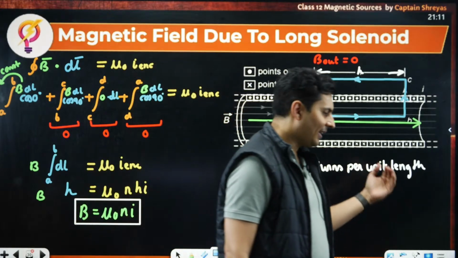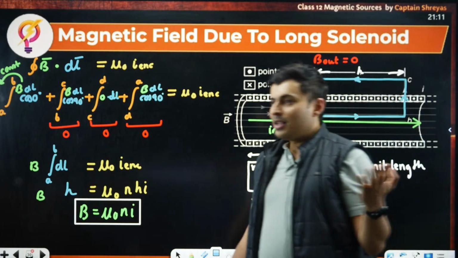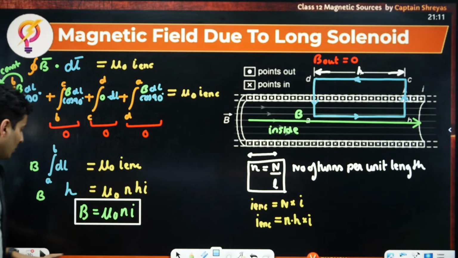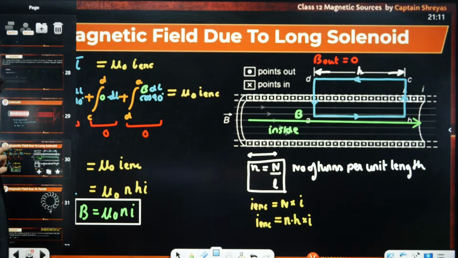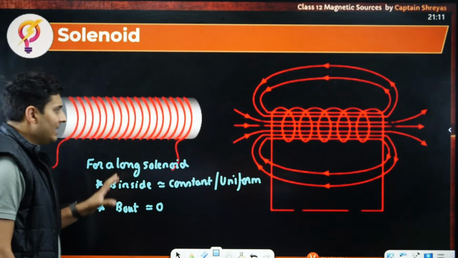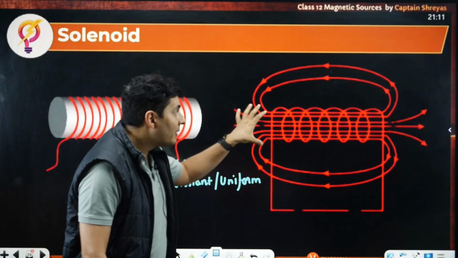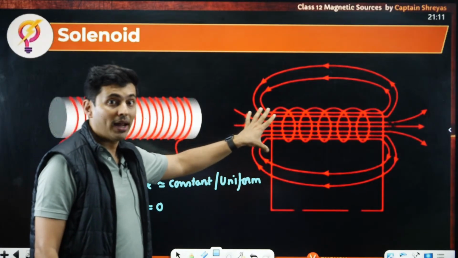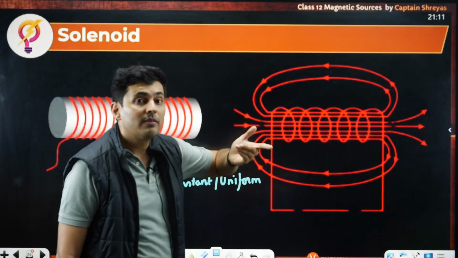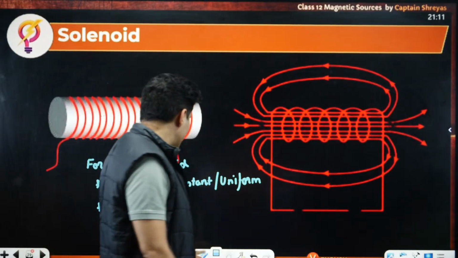Perfect. Absolutely clear. Now I'll tell you one more interesting thing, although we are not doing the derivation. Yes, inside the field is uniform, outside the field is 0. But keep in mind, if you are near the ends, then the magnetic field is half of that inside.